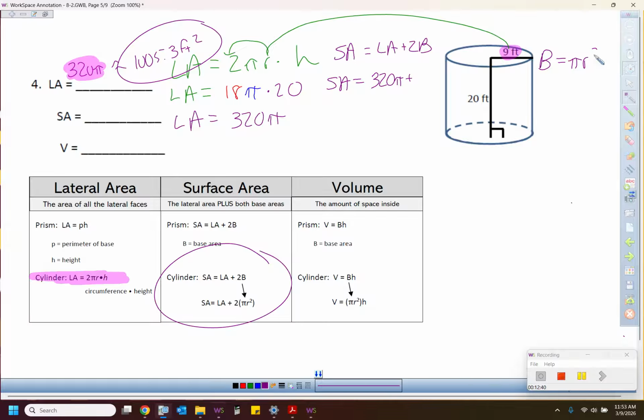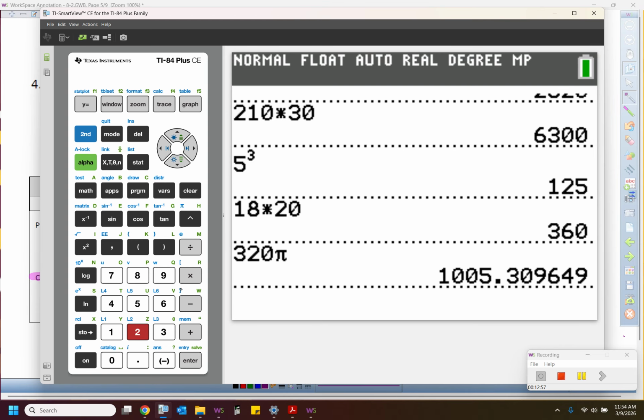Go off to the side. Base area is going to be pi r squared. So my base area is, I got to square the 9, and I hope that we kind of know that's 81. So it's 81 pi. But I need 2 of those. So right there, I'm going to go ahead and figure that out. 2 times 81 is 162.